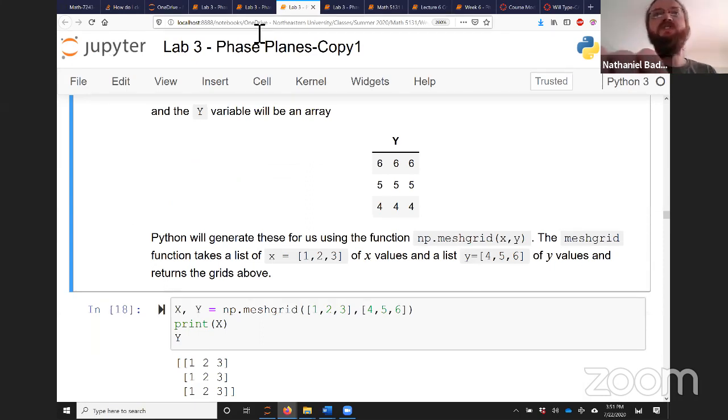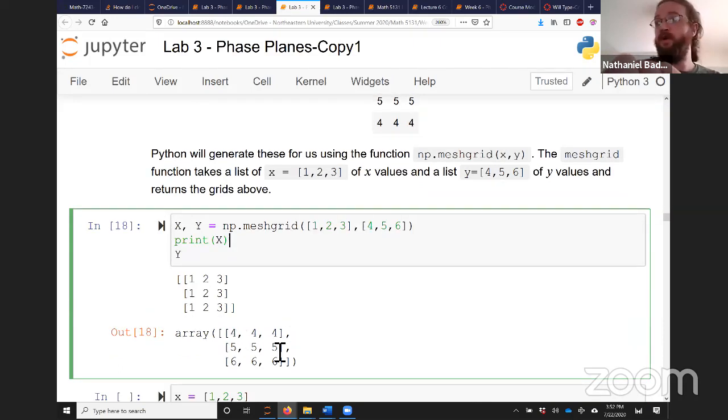Yeah, that's a good question. What I put up here is 6, 6, 6, 5, 5, 5, 4, 4, 4, and what meshgrid is returning is 4, 4, 4, 5, 5, 5, 6, 6, 6. It doesn't matter in this case since we're just going to read these as coordinates. When we feed them in, Quiver is going to basically loop through these and find all the pairs.